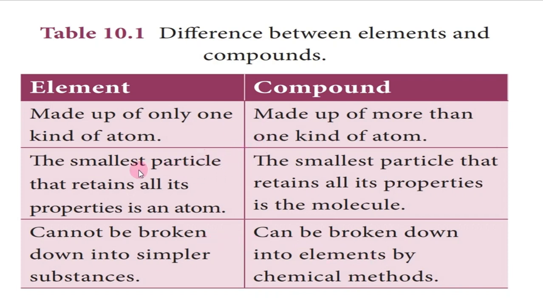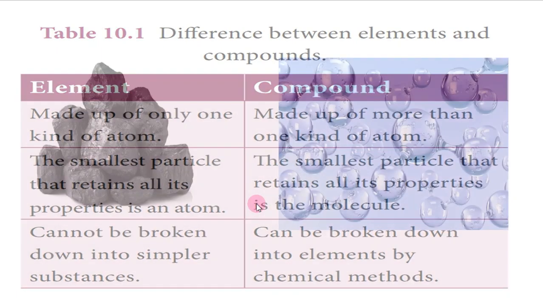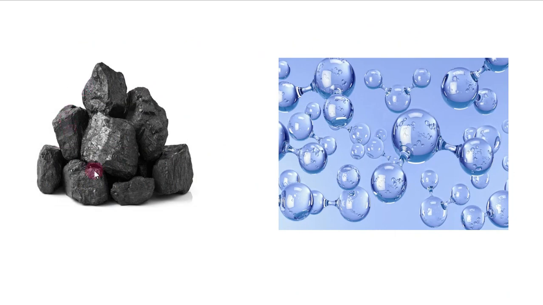So see the second point: the smallest particle that retains all its properties is an atom. That means elements will show their own property. Example, coal. If you break this coal, which element does it contain? Carbon.